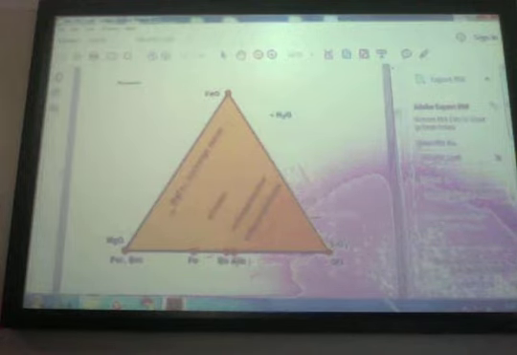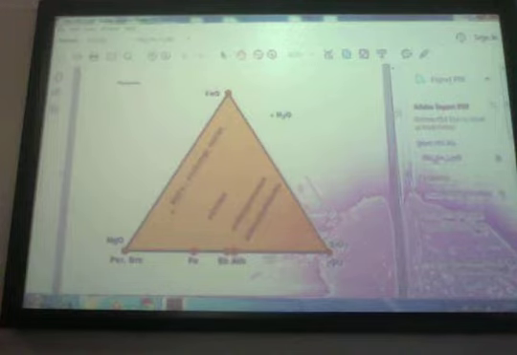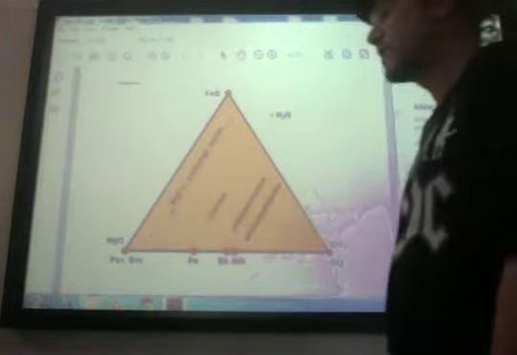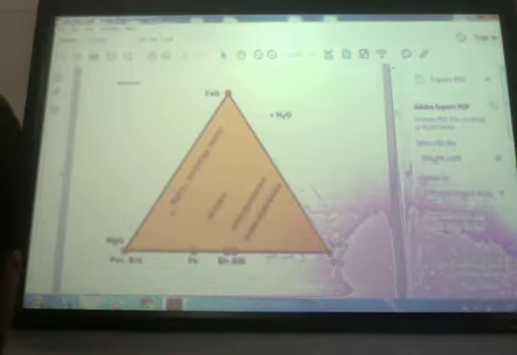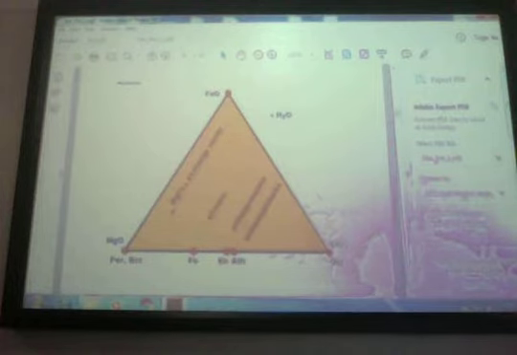So, and if you are looking for the orthopyroxenes, it's the same. The enstatite is a magnesium-rich orthopyroxene formed at higher temperatures, whereas a ferrosilite is an iron-rich orthopyroxene formed at lower temperatures.